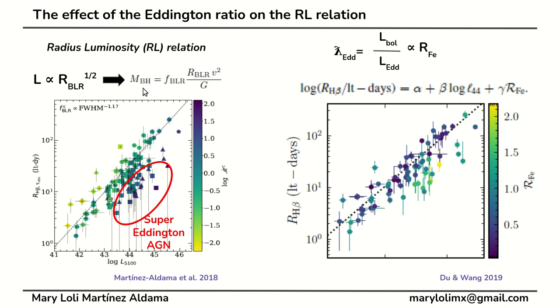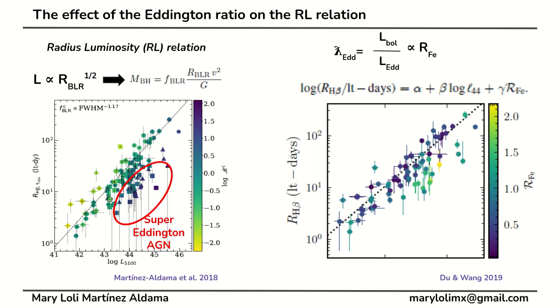And we really don't need to perform a long monitoring such as reverberation mapping does. We only need to know the luminosity, get the size of the broad-line region, and then get the black hole mass. This is one of the most typical scaling relations to estimate the black hole mass.